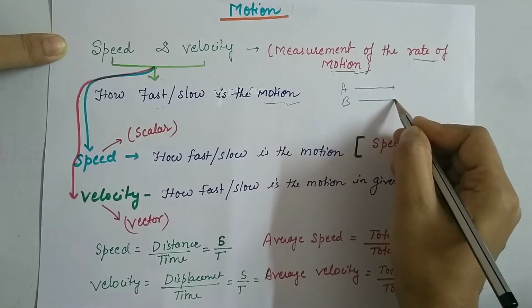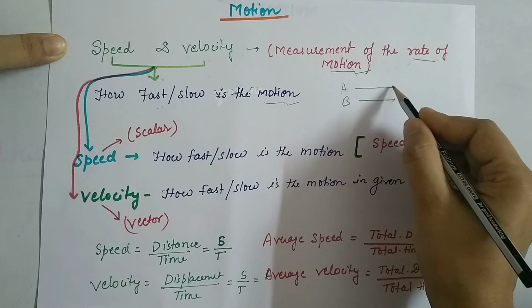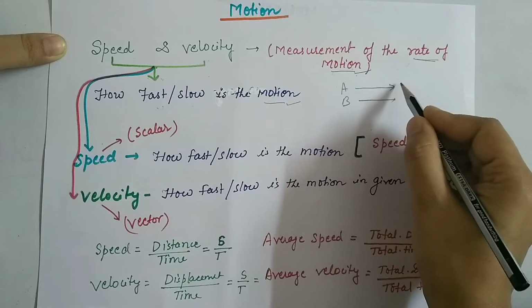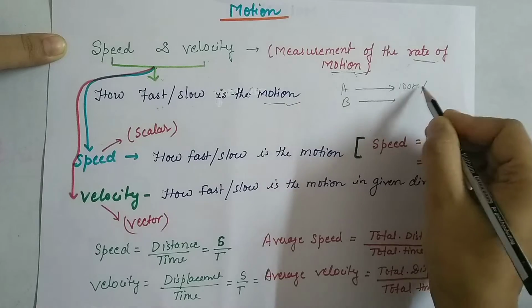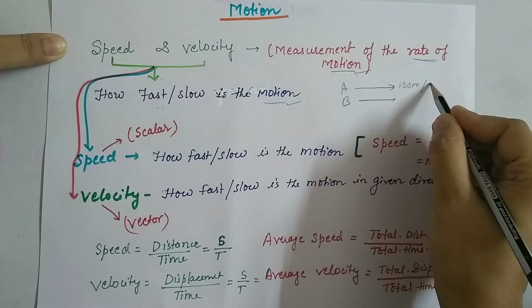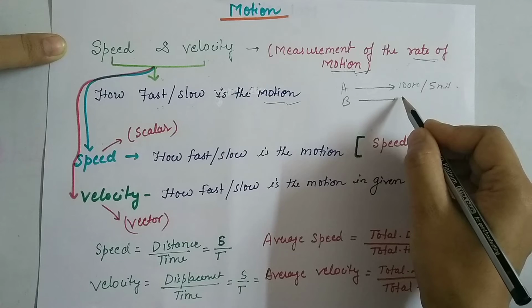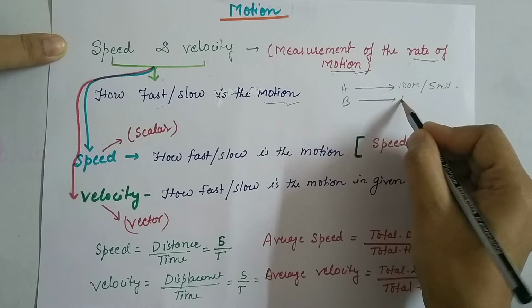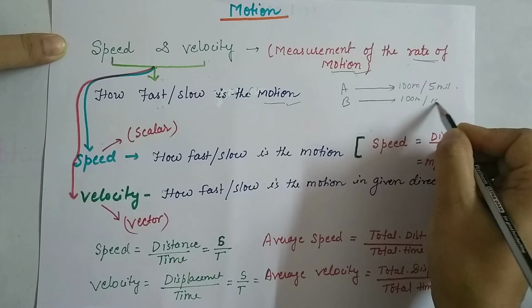and a second person B. Both start running. A completes the 100-meter race in 5 minutes and B completes the 100-meter race in 10 minutes.